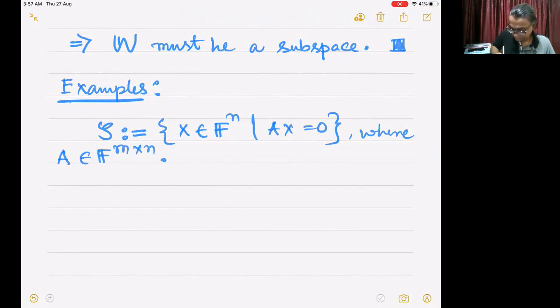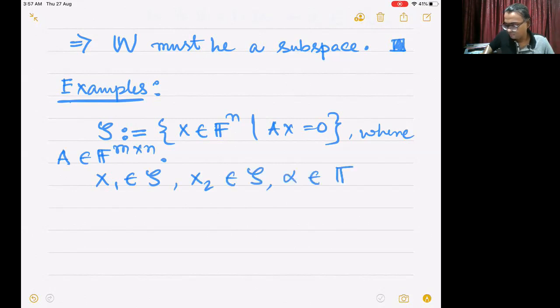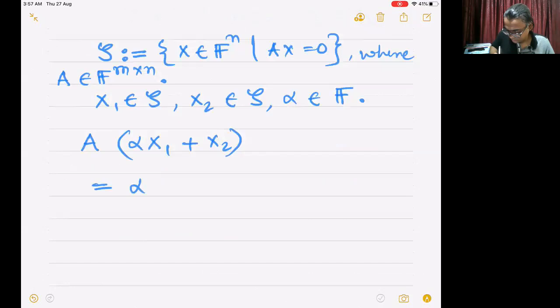You see, say x1 is in S, x2 also is in S, arbitrary, and suppose alpha is any scalar from the field. Then what happens to alpha x1 plus x2 when A acts on it? From the matrix multiplication rule, this follows that this is alpha A x1 plus A x2.